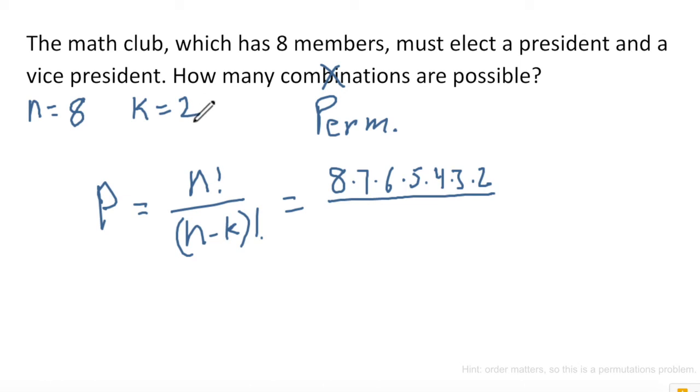It's 8 minus 2, which is 6 factorial. In other words, all of this cancels out, and we get just 7 times 8, and nothing left on the bottom. So we get 56. 7 times 8 is 56. So there are 56 different, the right word for this is permutations.